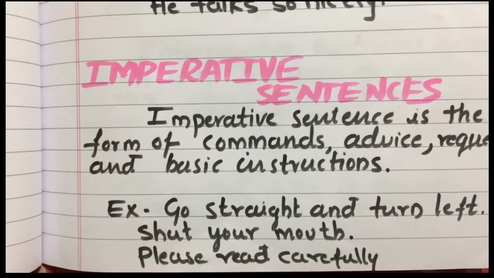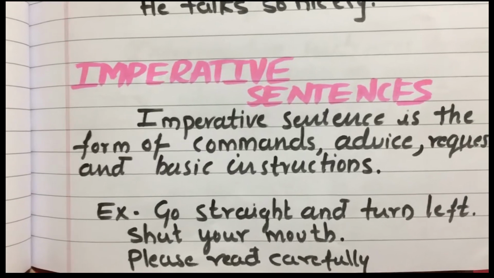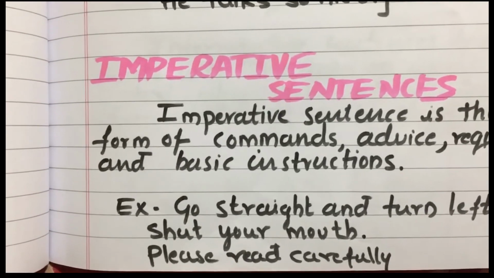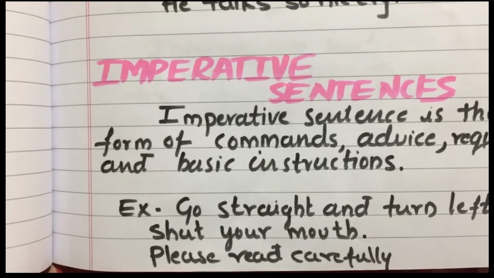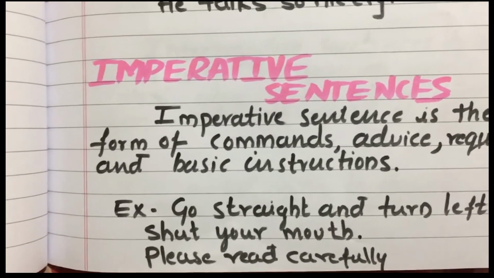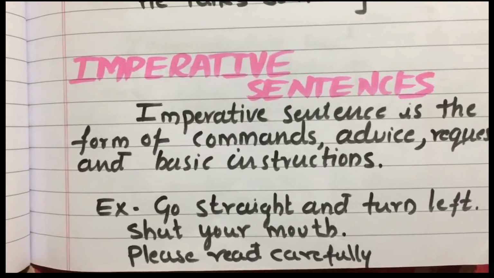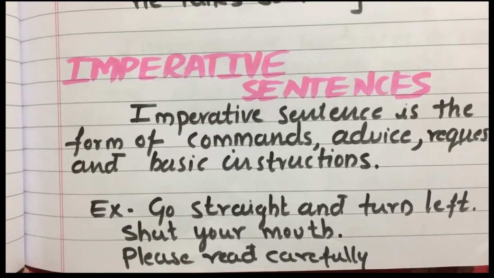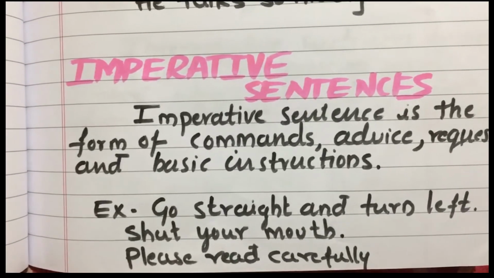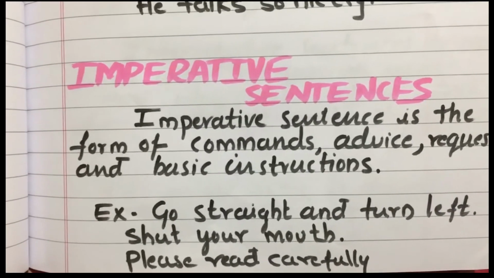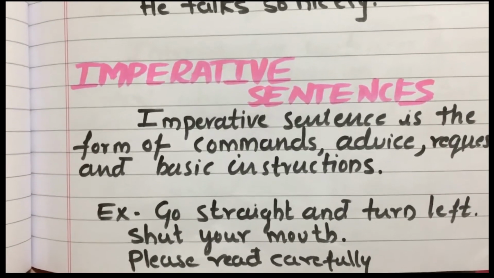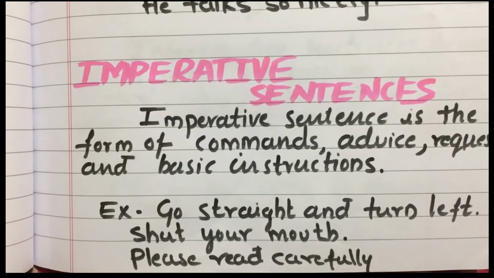Then, please read carefully, this is a request. Please make a place for me to sit, these are all requests. Here all these sentences give us commands, advice, requests and basic instructions.